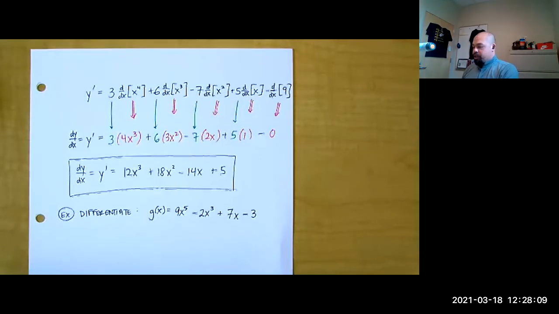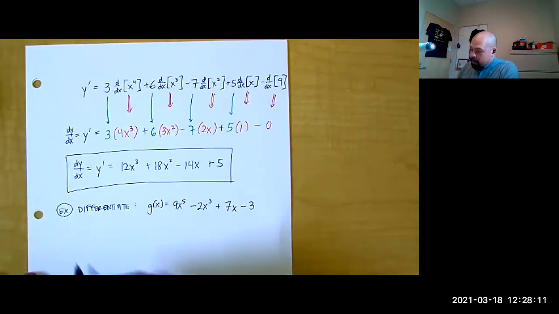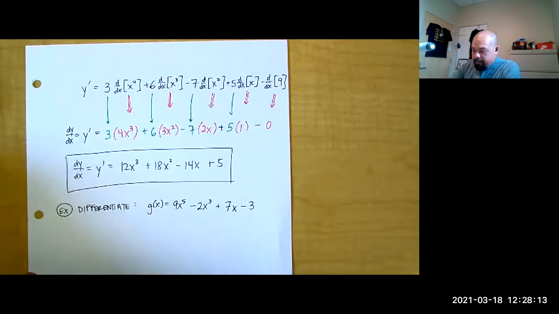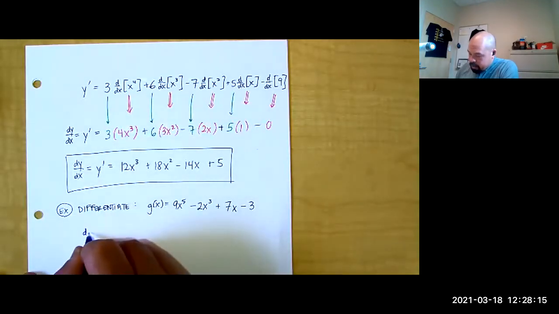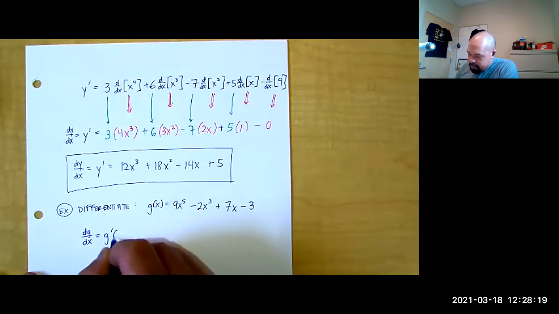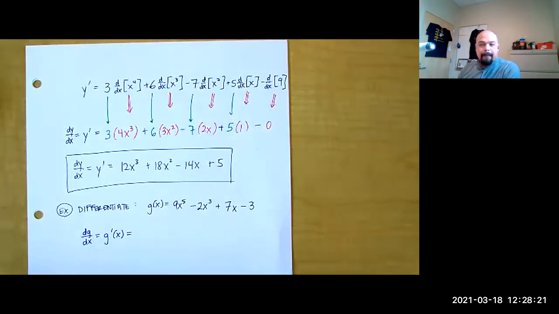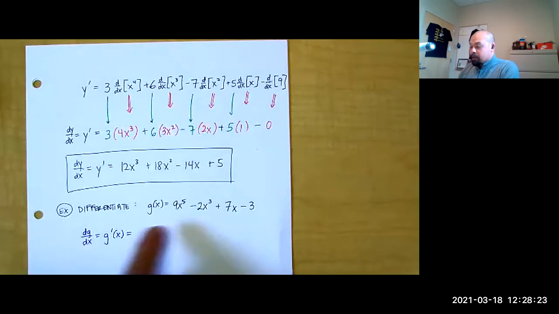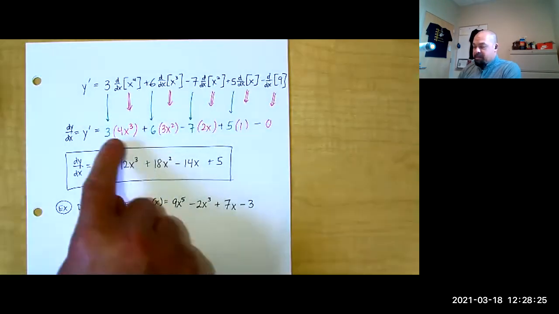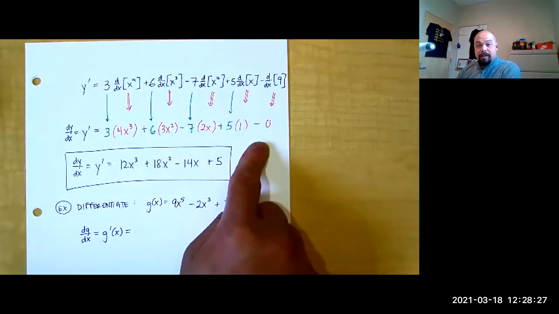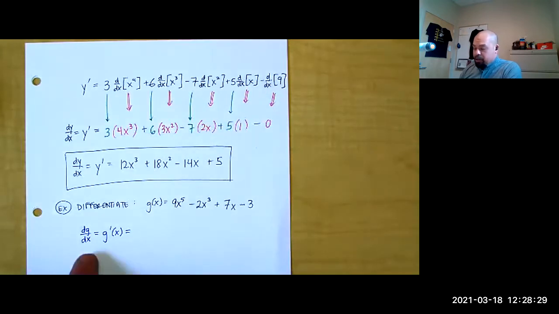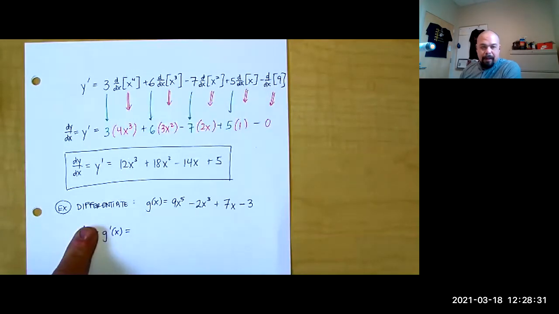Right? So I want to differentiate here. So that means in our answer, dg/dx, or probably more common, g prime of x, right? Choosing one of those, most likely g prime of x, right?